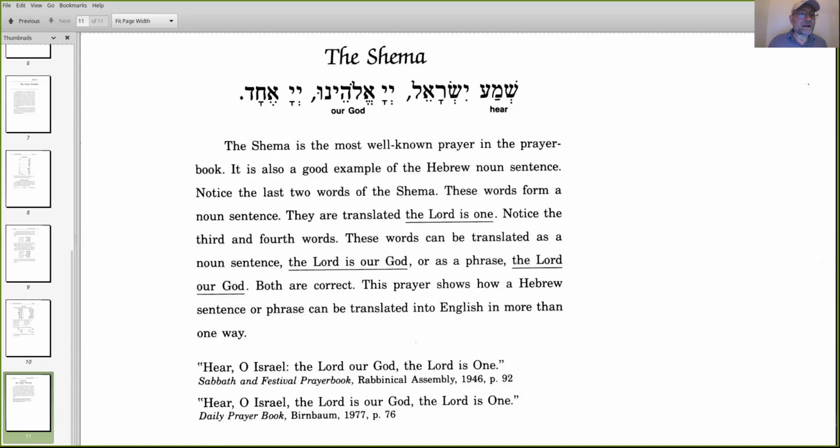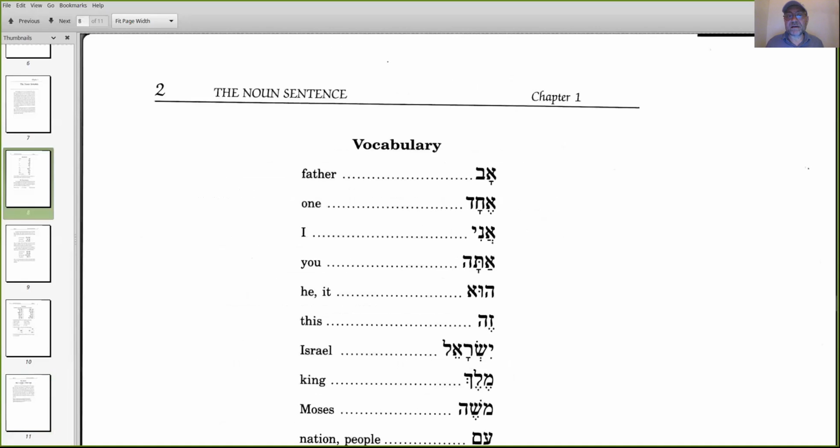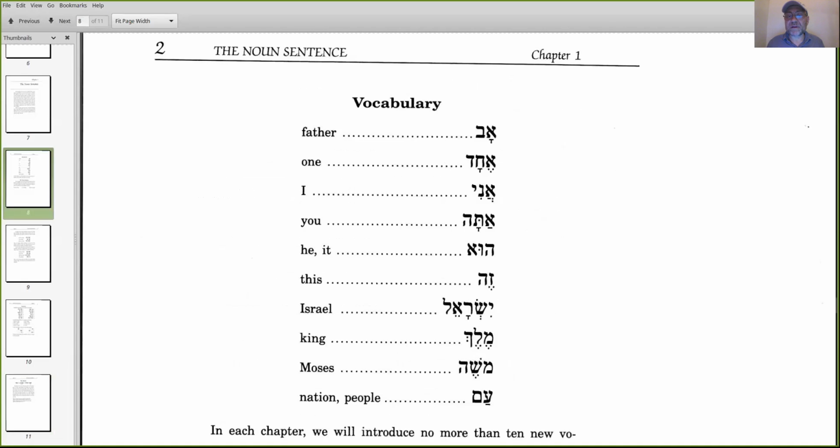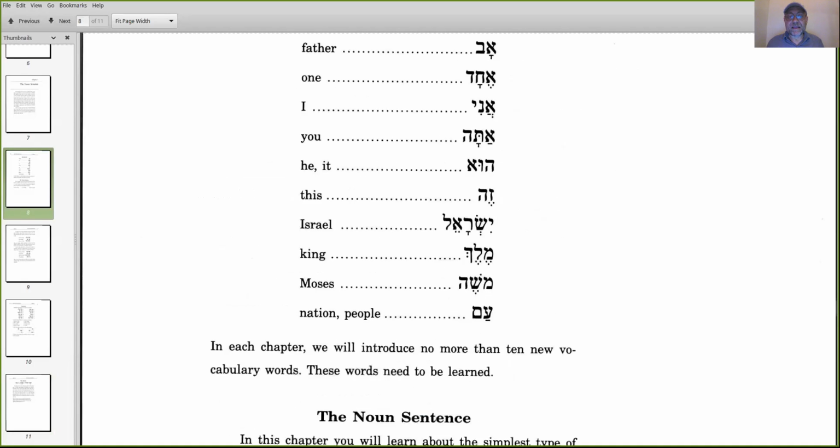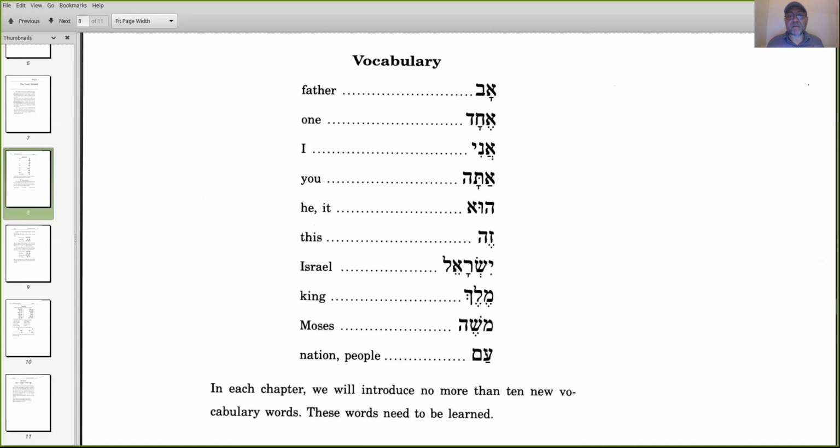So let's go back now to our vocabulary on page 1 in Prayer Book Hebrew the Easy Way. And let's continue on down. But before we do that, I'll just do a brief review.